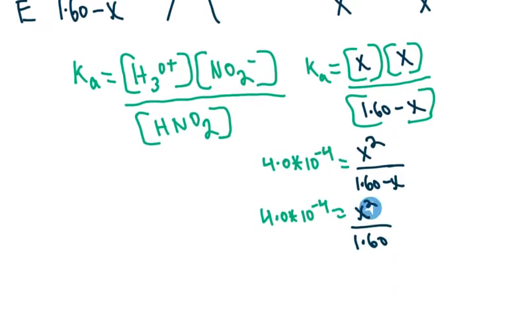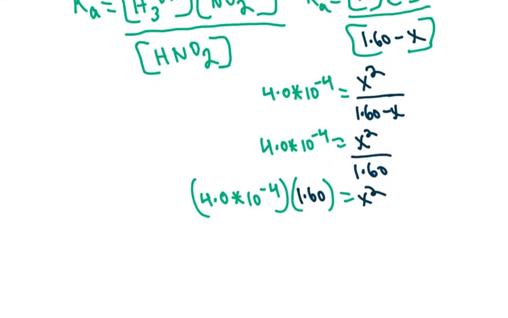Now we can solve for x like a regular algebraic equation. Let's write it step by step. We have 4.0 times 10 to the negative 4th times our 1.6 equals our x squared. If you multiply this out, you get x squared equals around 6.4 times 10 to the negative 4th.